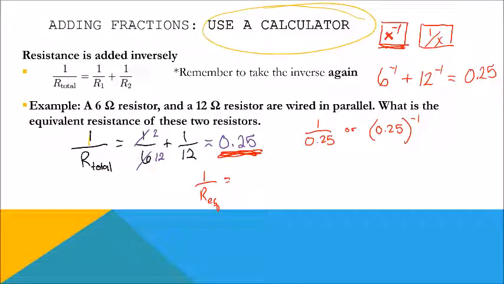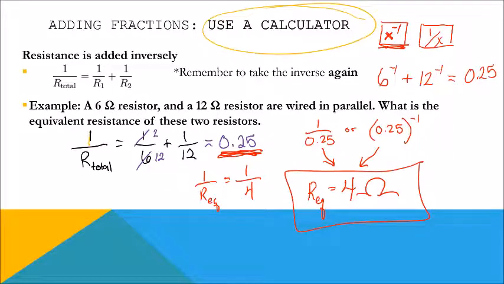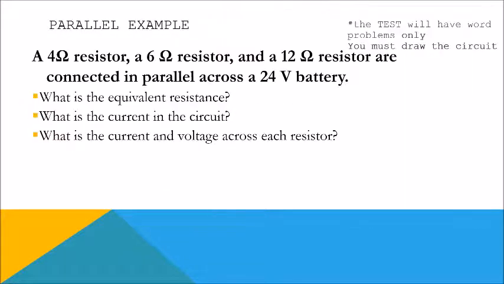Because this one you can do in your head. 0.25 as a fraction is 1 over 4. So our full answer is 4. Let's do that again with a full problem.